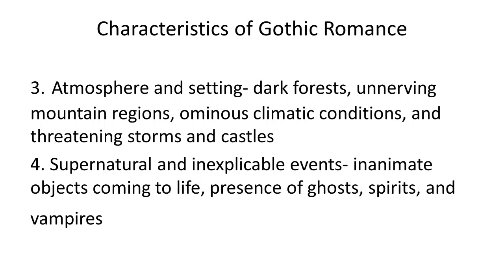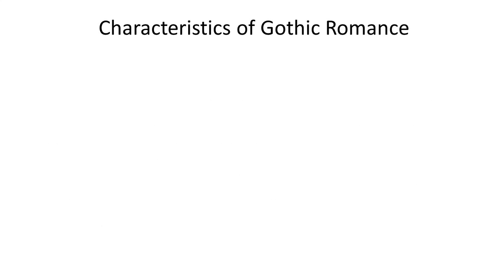And then we have the presence of ghosts, the spirits, and the vampires. Vampires are mythical beasts which suck the blood and live on that. So such things are very common in Gothic romance.